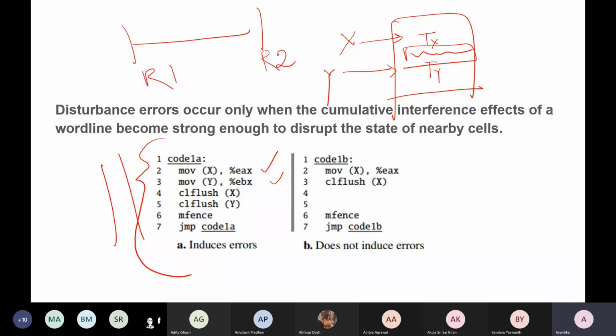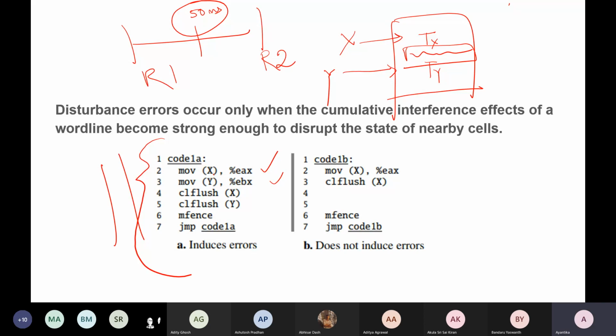But now the intermediate capacitors are actually getting discharged at just around 50 nanoseconds. So before the next refresh, this cell is getting discharged. It is not retaining its original state.